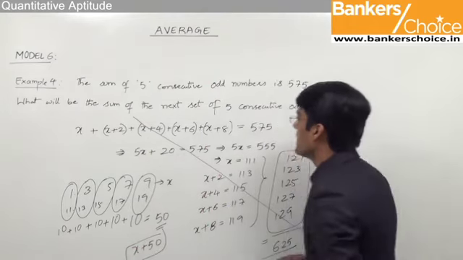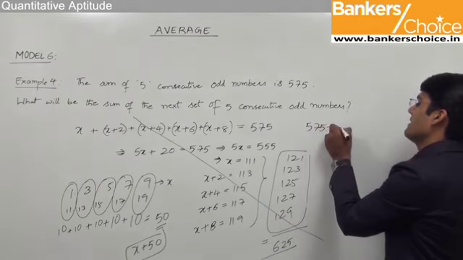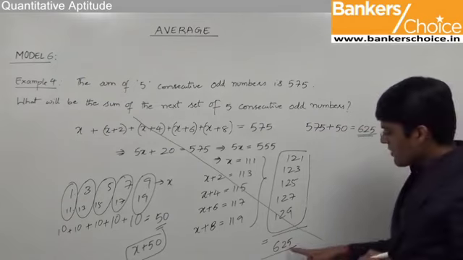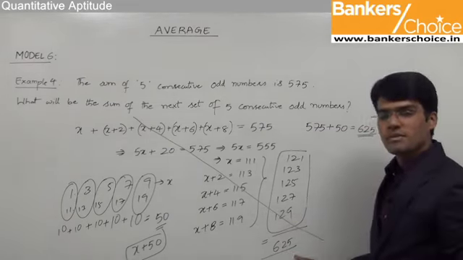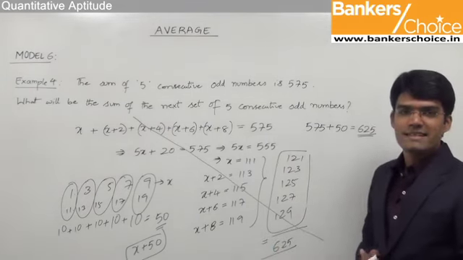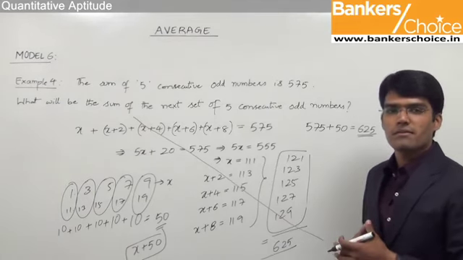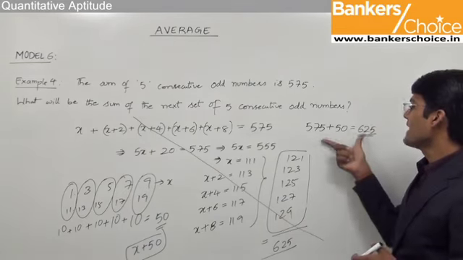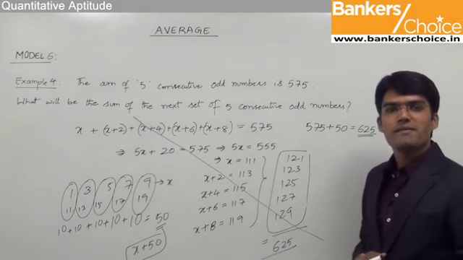So therefore, here the answer should be 575 plus 50, that is equal to 625. And that is what we have got by following the conventional method. But that is a very lengthy procedure, and here we get the answer within a few seconds without writing any step. So understand that the sum of the next set of 5 consecutive odd numbers will be 50 more than the given sum. So that can directly be taken as 575 plus 50, which is equal to 625.